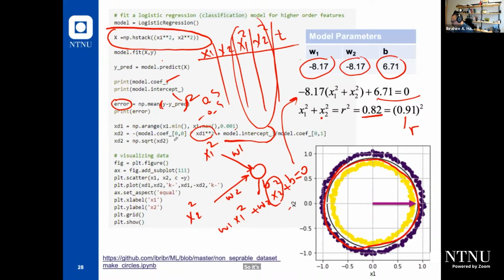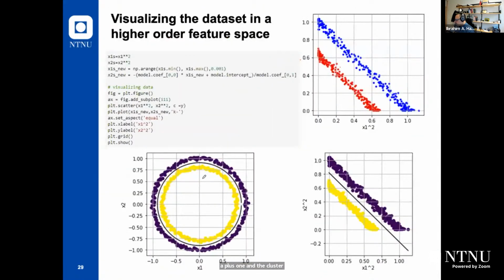And after that, we plot x1 and x2, so we will get this beautiful circle, and also use a scatter plot for plotting class 1 and class 2. So to visualize the data set in a higher order feature space, I can also plot it in x1 square.